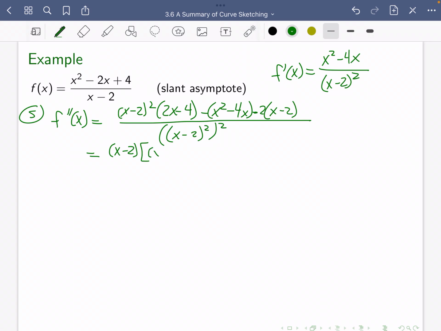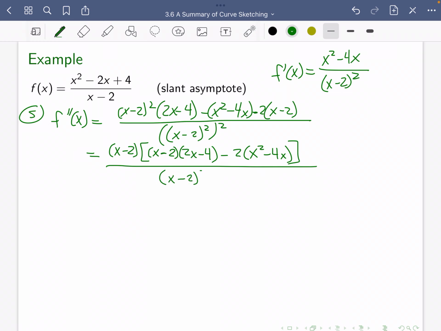Then we'll have an x minus 2 times a 2x minus 4, minus 2 times x squared minus 4x, over an x minus 2 to the 4th. This x minus 2, I will cancel with one of those.